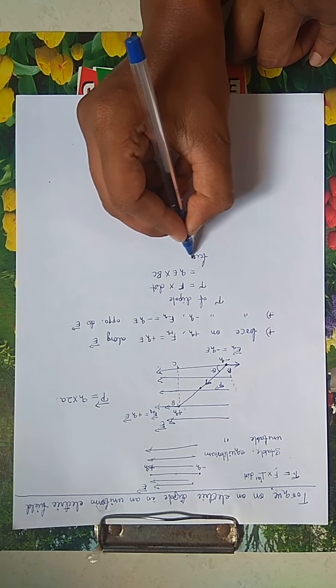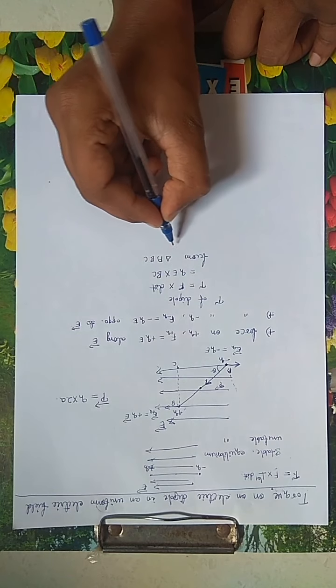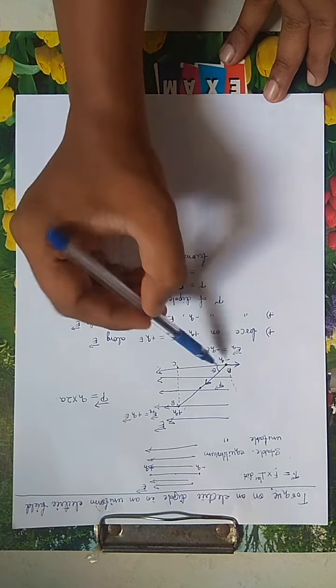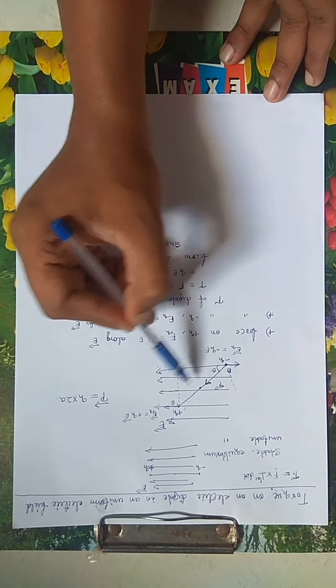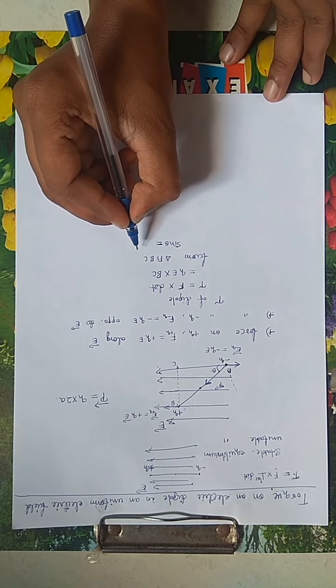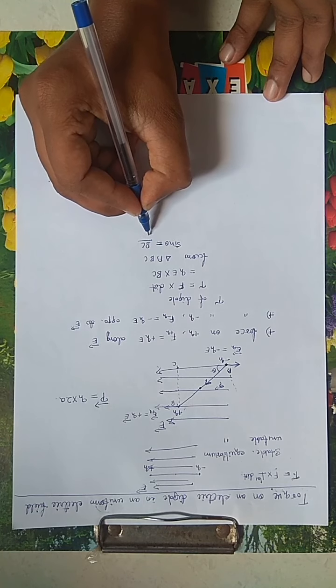From triangle ABC, let us define sin theta. What will sin theta be? That will be BC divided by AB.